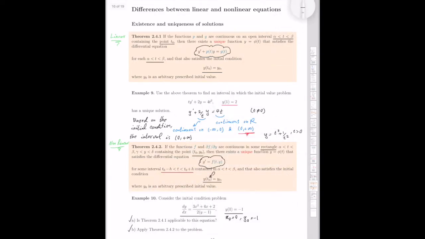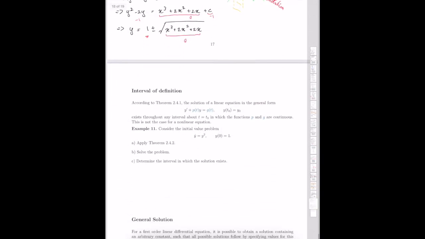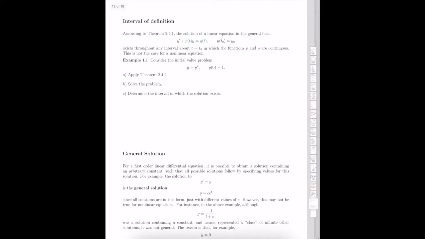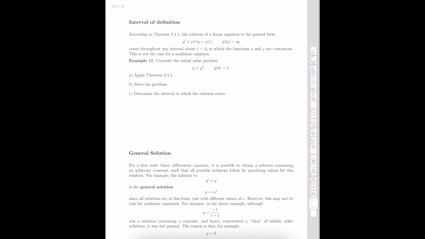And that is quite helpful, because according to the theorem, the solution of a linear equation in the general form, so this was just the form that we had there with some initial condition, exists throughout any interval about t equal to t0, right? So this interval is basically the alpha beta that we had there, in which the functions p and g are continuous.